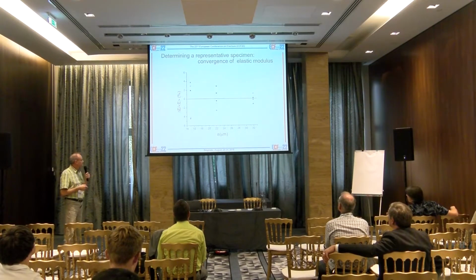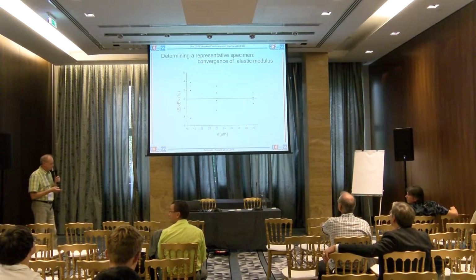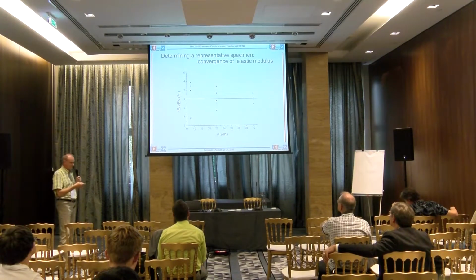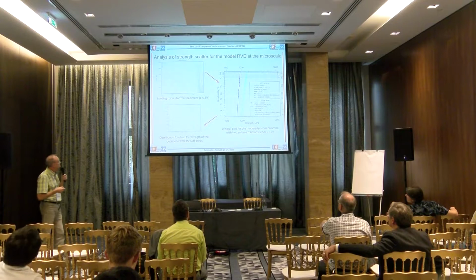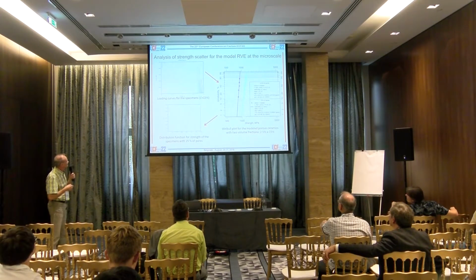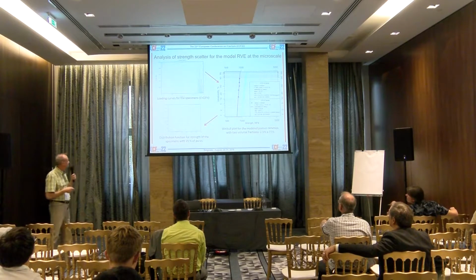Here you can see an example of convergence of elastic modulus. It is rather fast. For strength, a little bit slower, but nevertheless we have convergence. Here you can see an example of stress-strain curves, and you can see that the elastic modulus is approximately the same, but we have a large scatter of strength.